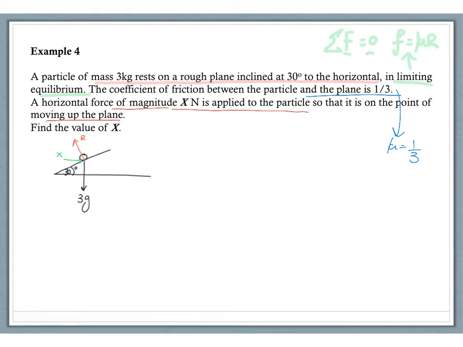If that force x is attempting to move the particle up the plane, friction has got to oppose that. And remember, friction is always parallel to the surface of contact, so friction will work like that. Now, we need to put in some components. The components of the weight, again, are like this, perpendicular and parallel to the slope, and this angle will be 30 degrees.